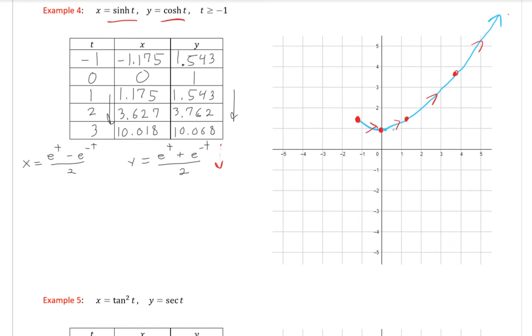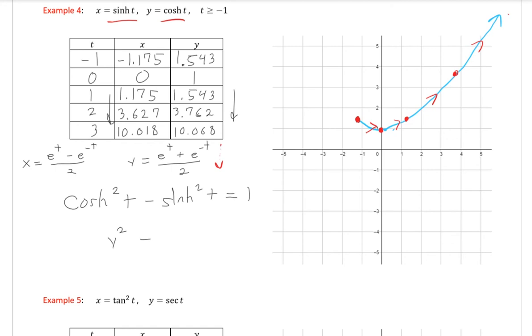That identity that we had was cosh squared of t or x or theta, whatever you're working with, minus sinh squared of t equals 1. If I know that cosh is y, then cosh squared is y squared.